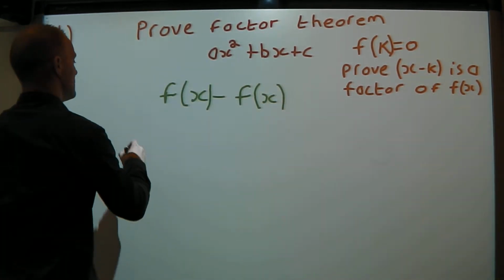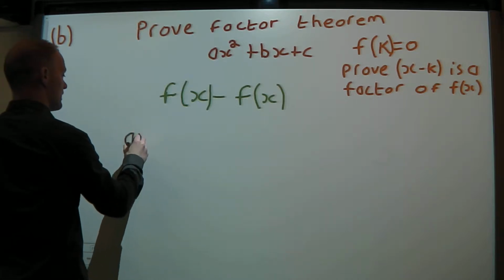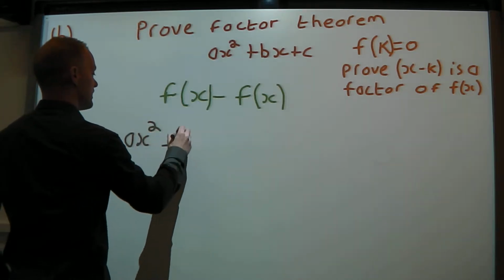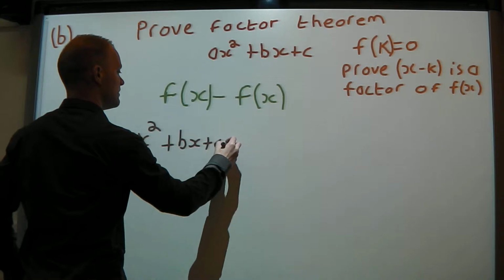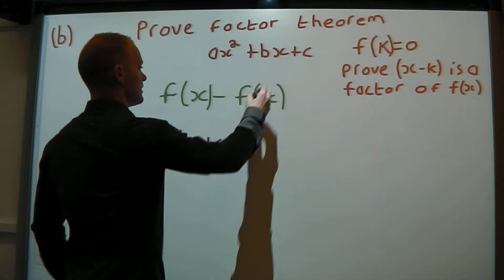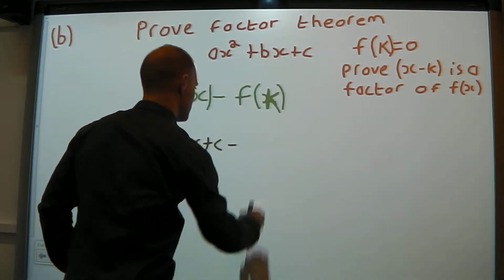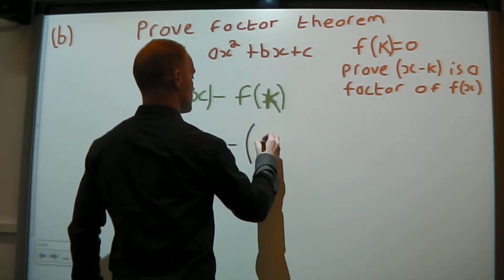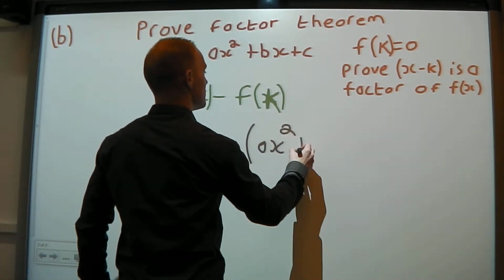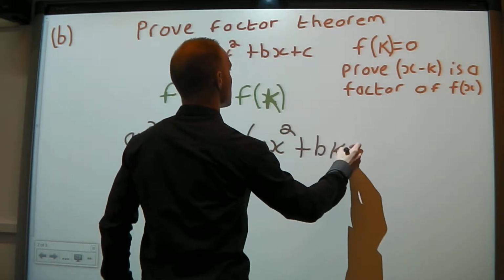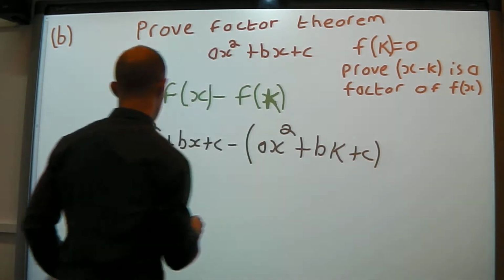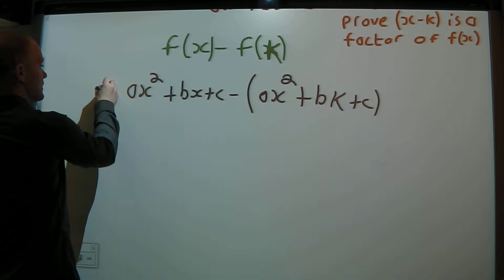So f of x is equal to ax squared plus bx plus c minus f of k. Oh, sorry, that should be k. Minus brackets ak squared plus bk plus c. So we just tidy that up.